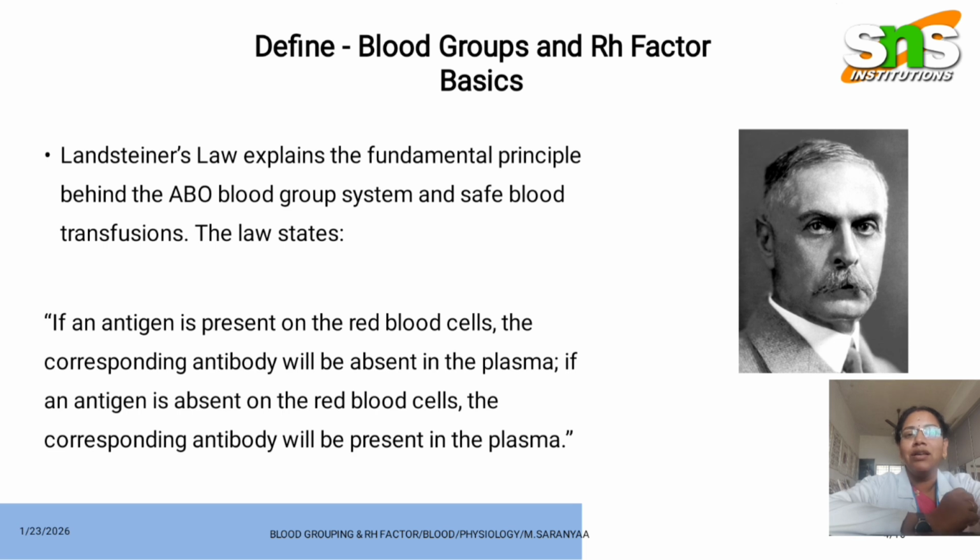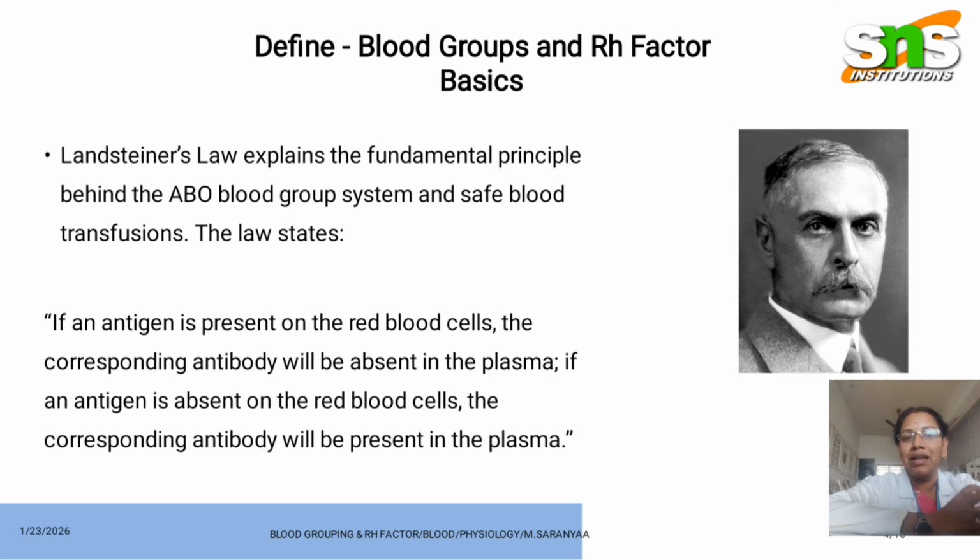Landsteiner is the main reason for the survival of the world now with the help of blood transfusions. He identified and explained the fundamental principles of blood grouping and how the blood group is identified. The theory is, if an antigen is present on the surface of the red blood cells, the corresponding antibody will be absent.